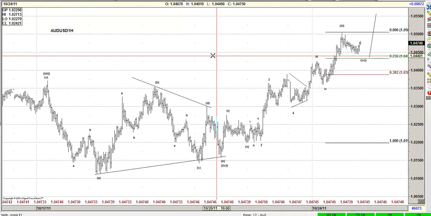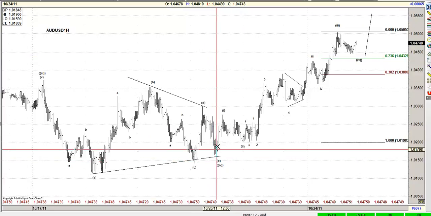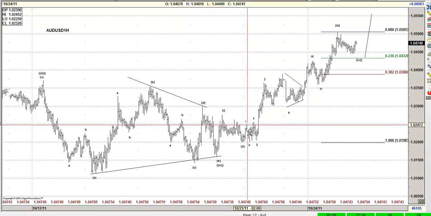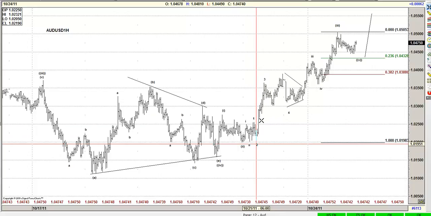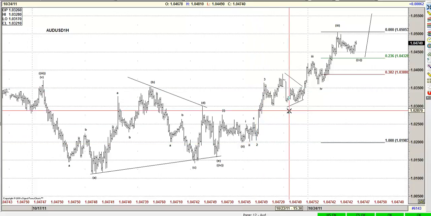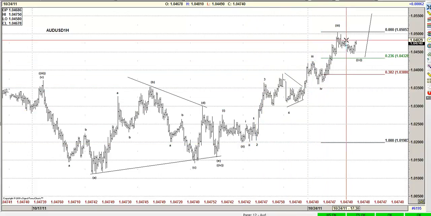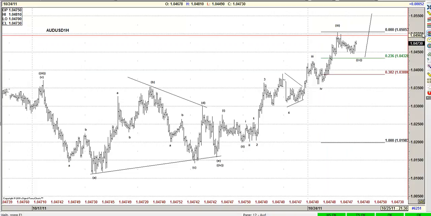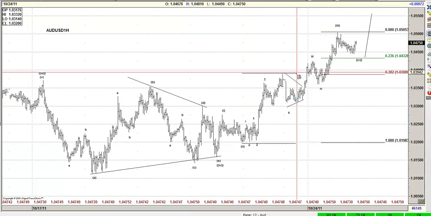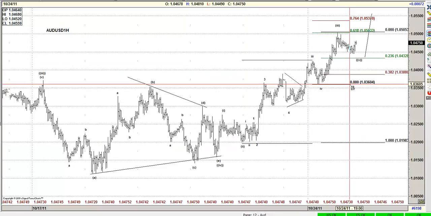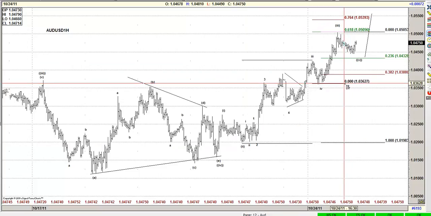We got 1, 2, 1, 2, 1, 2, 3, 4 in a triangle, 3, 4, 5. If you take a look at the Fibos, the move from here ended exactly at the 618 right there.